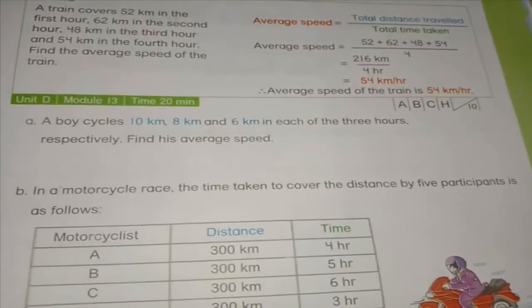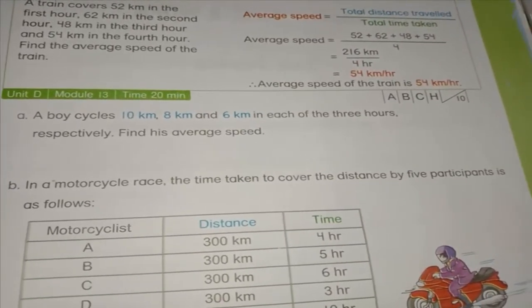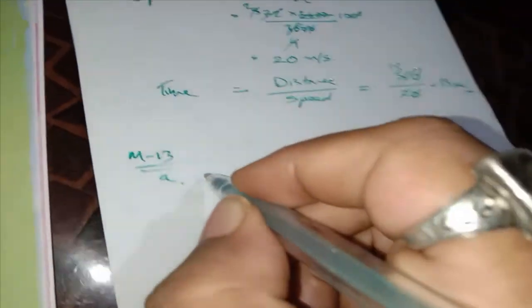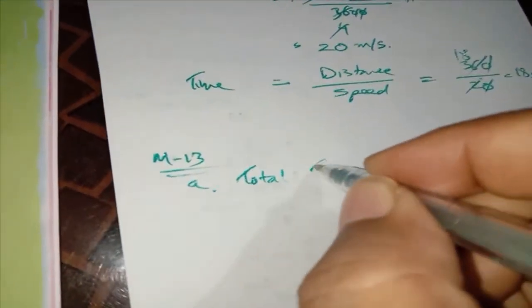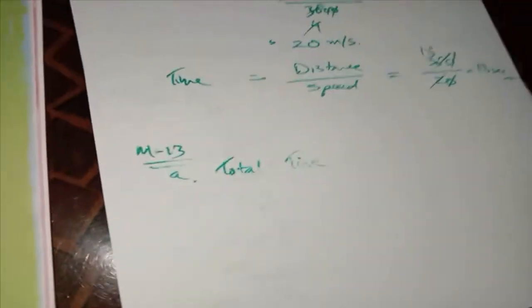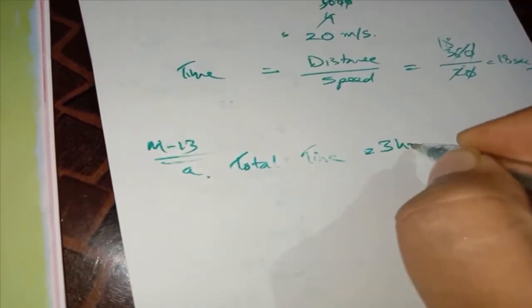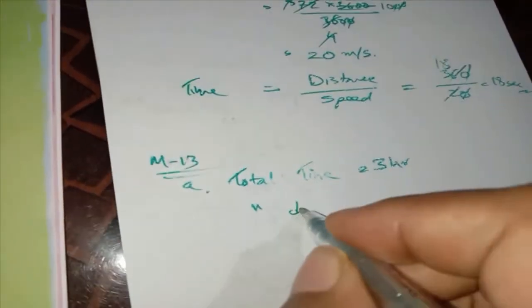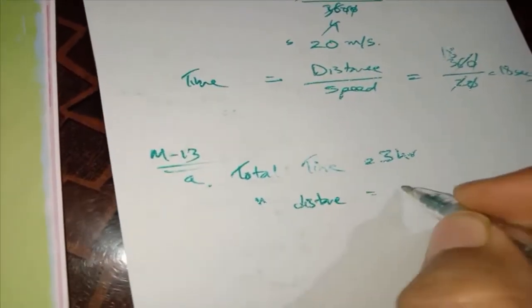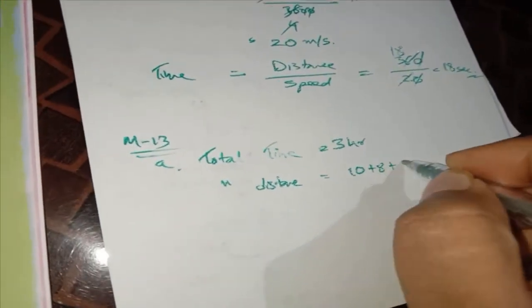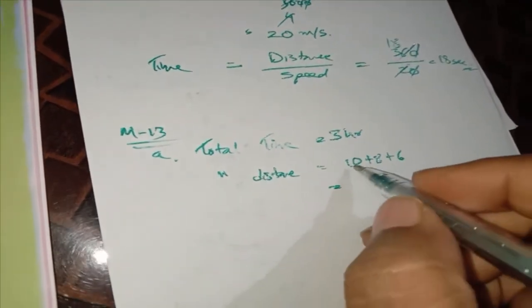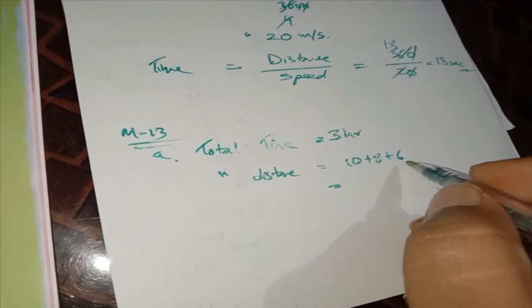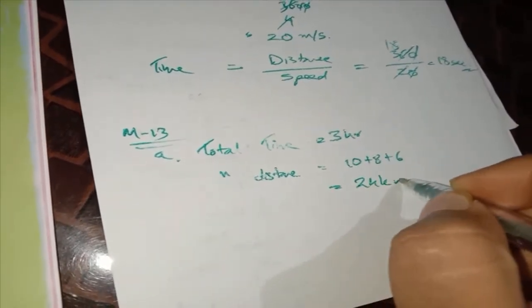So before finding the average speed, we will write down total time is equal to 3 hours and total distance equal to 10 plus 8 plus 6 equal to 24 kilometers.